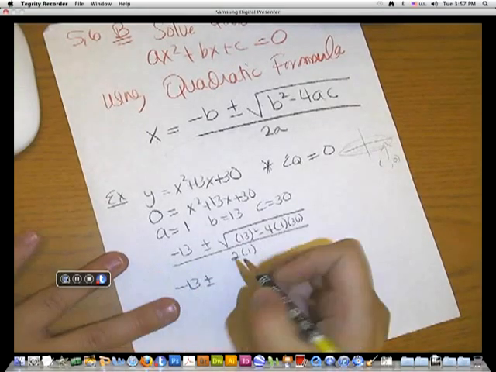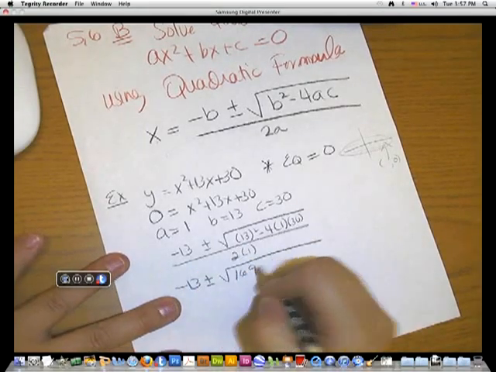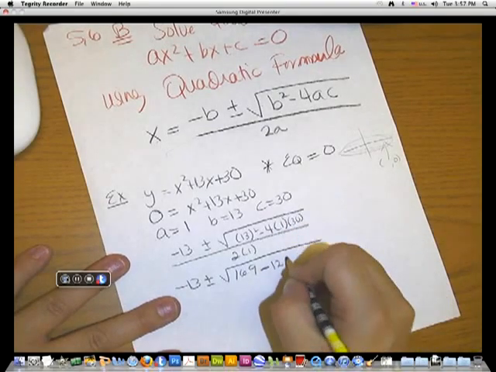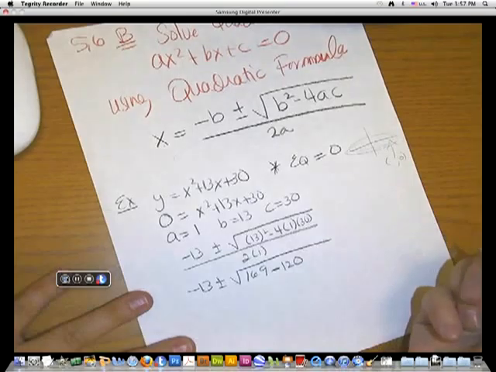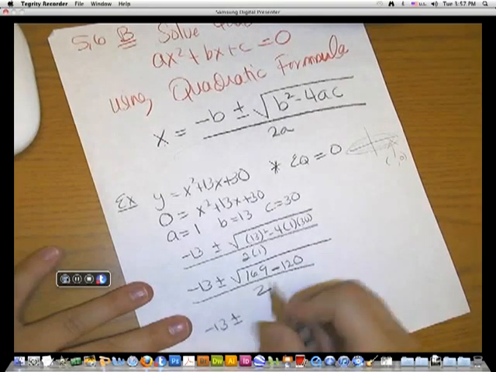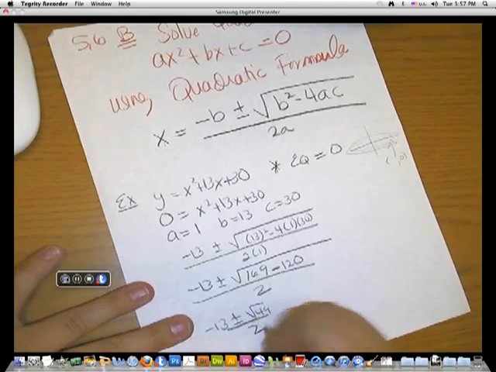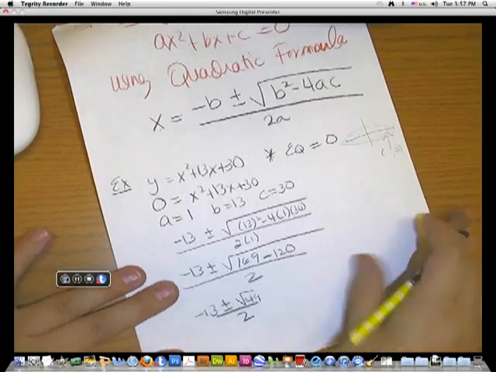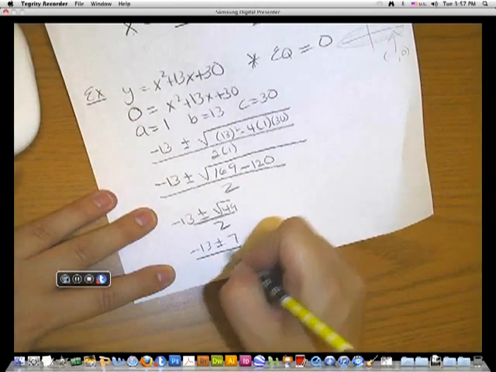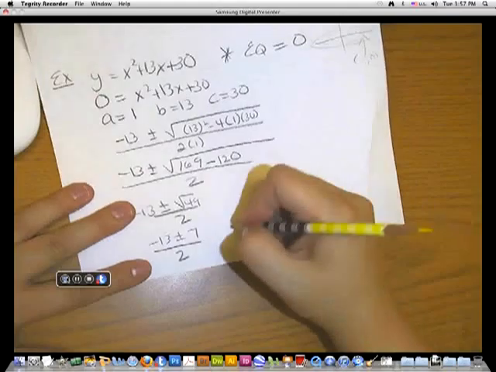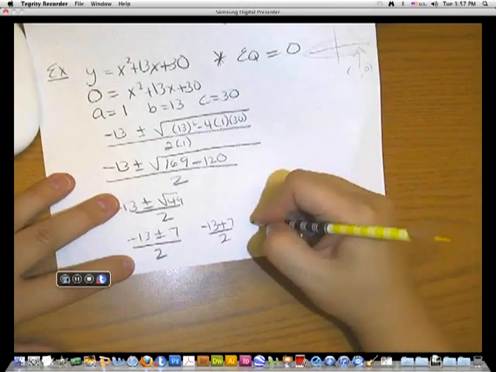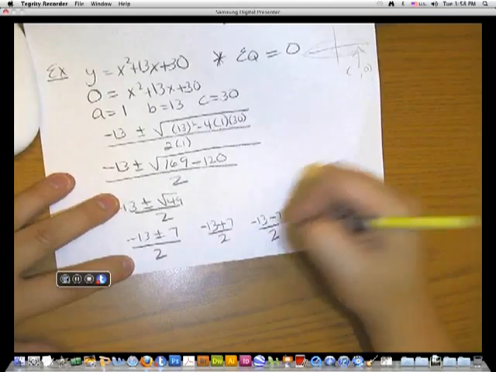So I get negative 13 plus minus the square root of 169. And then 4, 1, and 30 is minus 120, all over 2. So I get minus 13 plus minus the square root of 49 over 2, which is minus 13 plus minus 7 all over 2. Well, that's the same as saying negative 13 plus 7 and negative 13 minus 7.